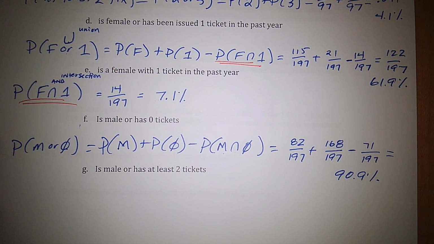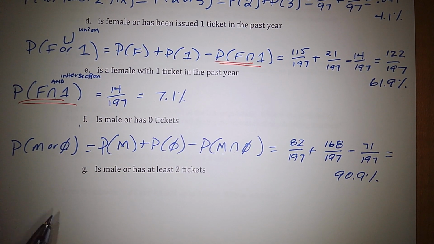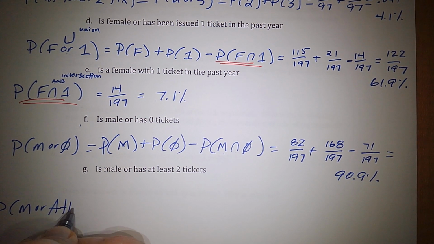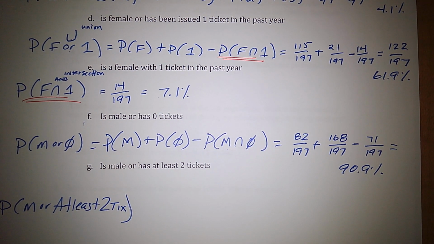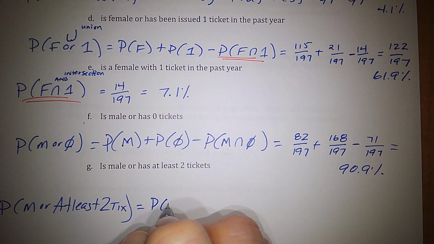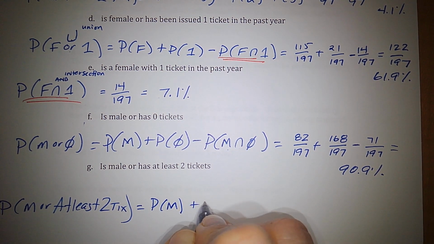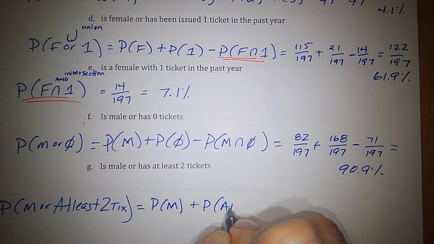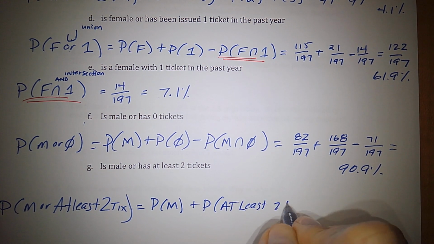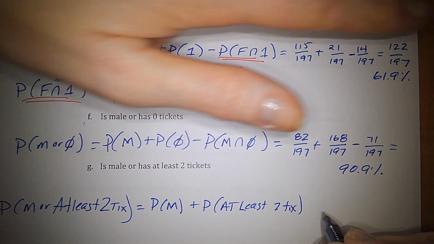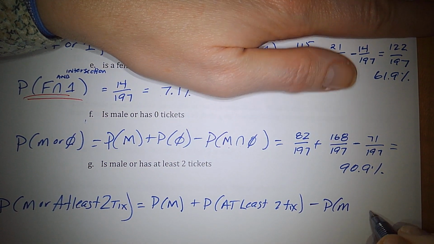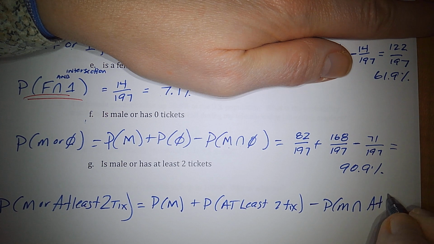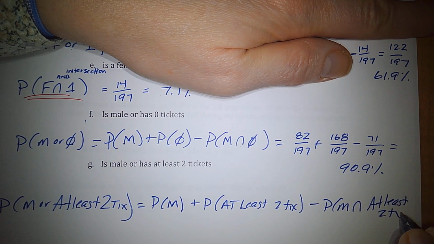Finally, what is the probability that a randomly selected driver is male or has at least 2 tickets? So I'm going to find the probability of being male plus the probability of at least 2 tickets minus the probability of being male and at least 2 tickets.